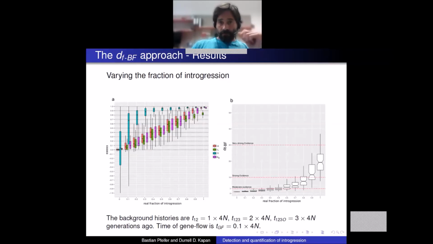But with this framework in hand, we also have these Bayes factors for each fraction of introgression, and it starts with a fraction of 0.9 to get strong evidence.